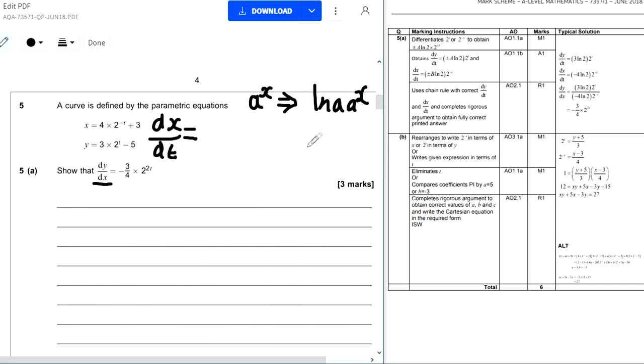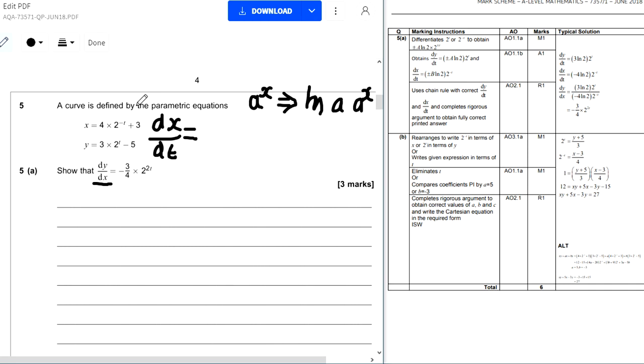That could be in the formula book, I'm not sure, but that's just a thing that you've got to learn. But in this case, our a is 2 and our x is minus t.